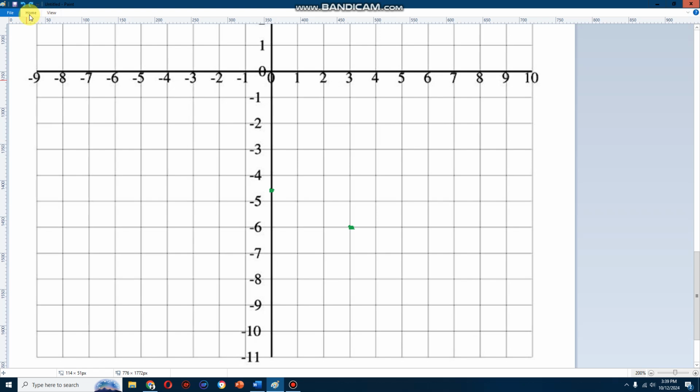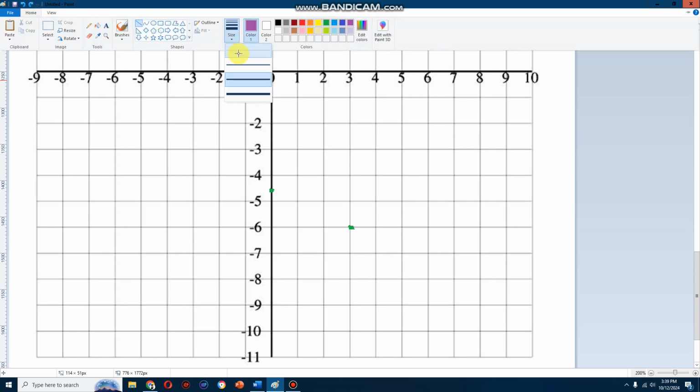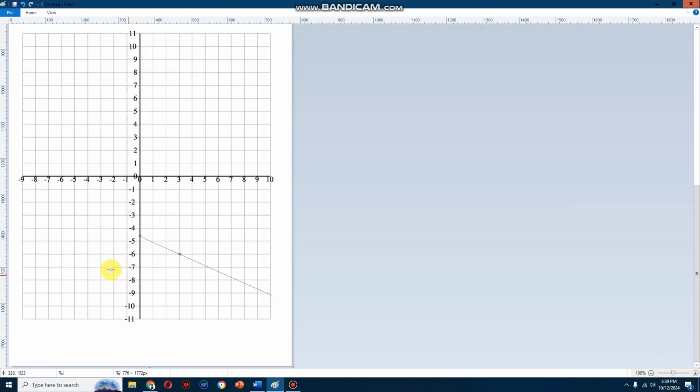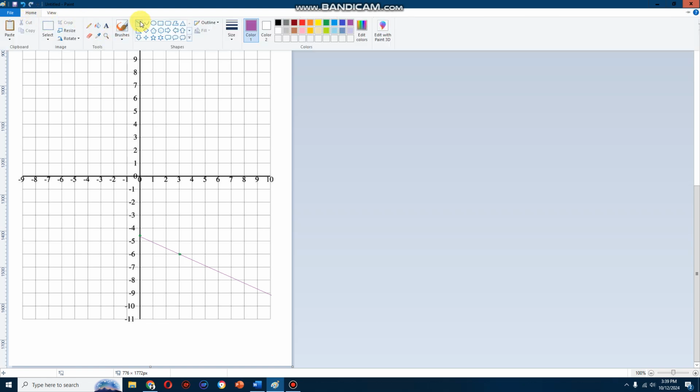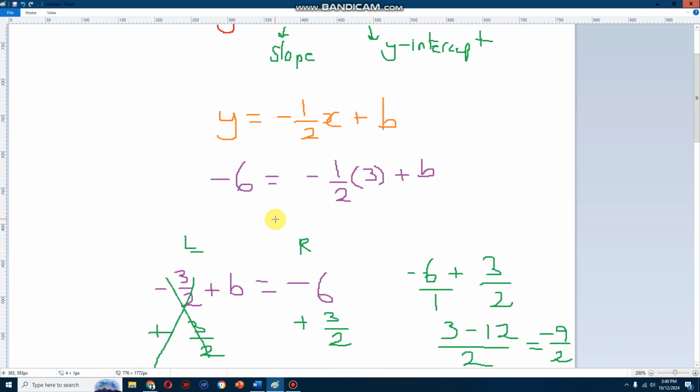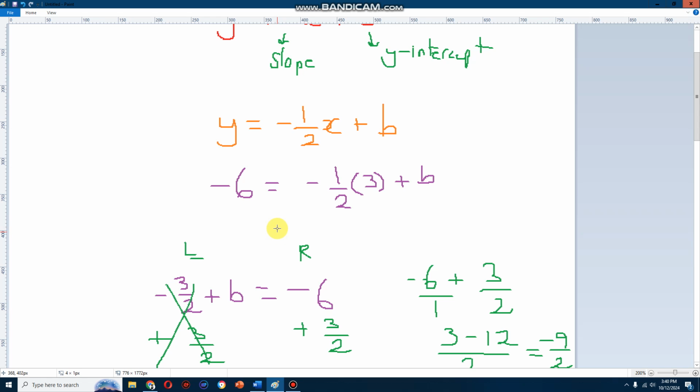It's too thick. Let's make it a smaller line. Right there. All the way. There we go. Now remember, kids, you will have a ruler, so you have to extend the line all the way through the graph, okay? I'm trying to do this rustically, as you can see. There we go. We have graphed the equation of this line, okay?